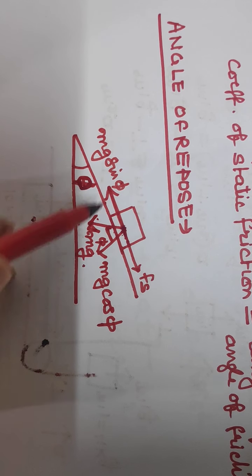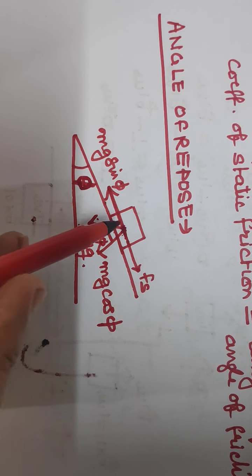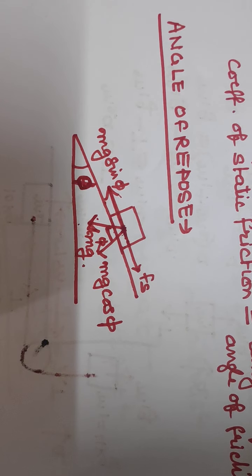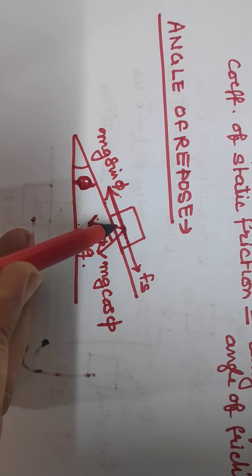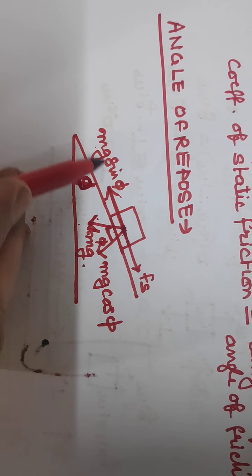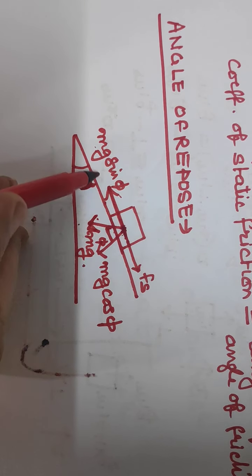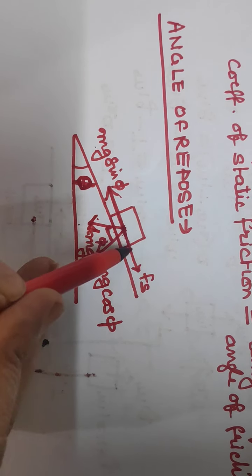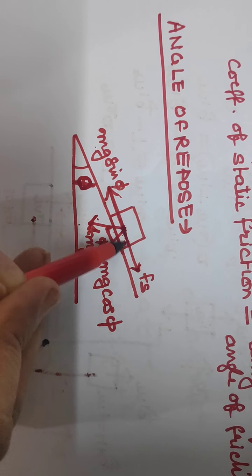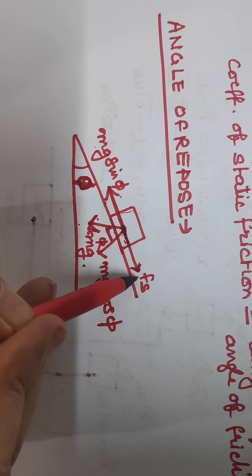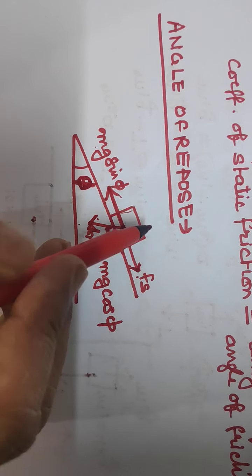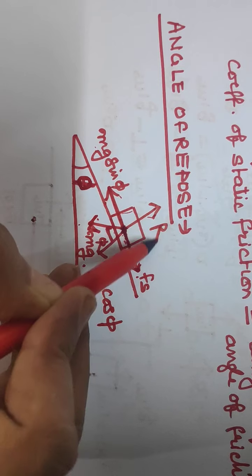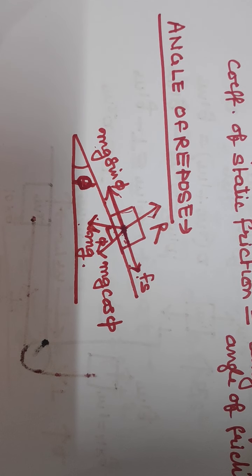So one component of weight will exert force on this object, not the total weight, but only a component, that is mg sin phi, will act downward and try to slide it. But a force of friction, static friction, if it is at rest, will act in the opposite direction. And the direction of normal reaction will be this. This will be the normal reaction.